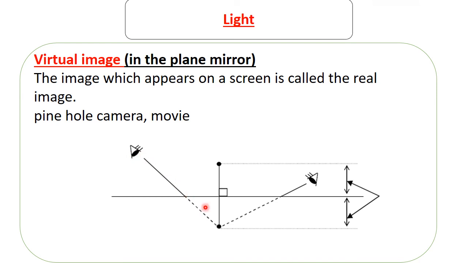Again, you see where the image is, and you draw a line from your eye to where you see the image to be. Once that is done, you remove the mirror and you connect the two lines that you had drawn. Where they meet is the location of the virtual image. What you are going to deduce from this experiment is that this distance and this distance are the same.